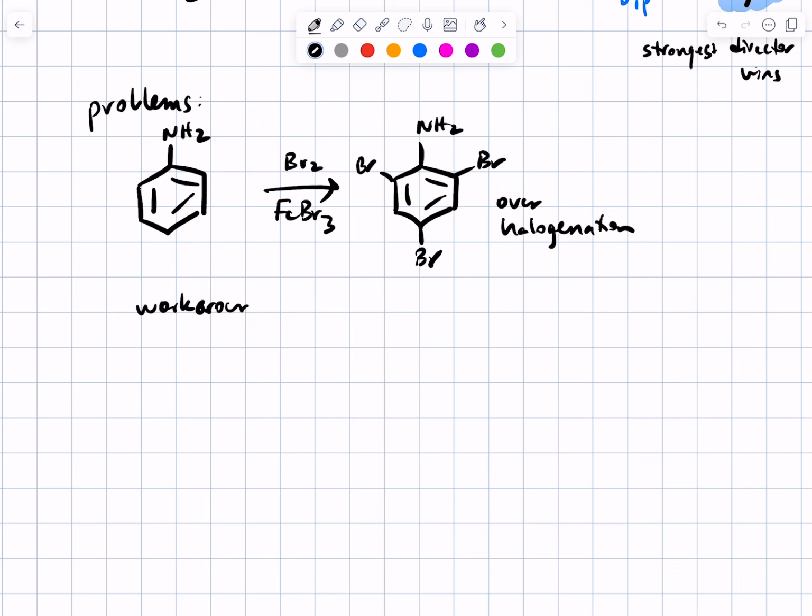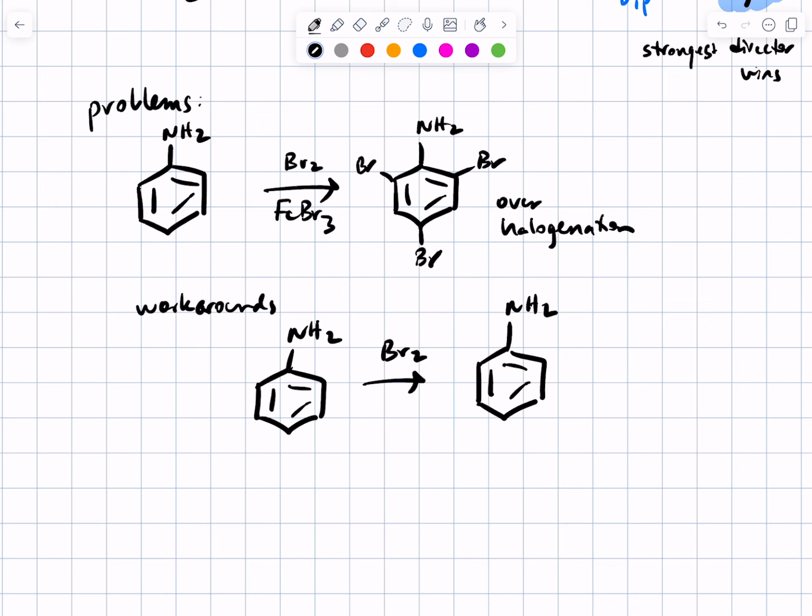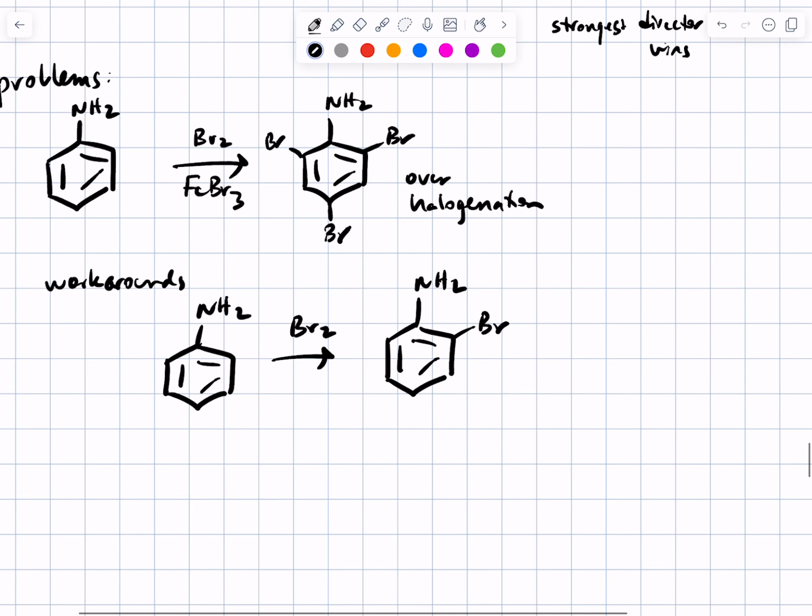There's a couple of workarounds for that. One of them, your text points out, is you can use the aniline and just straight up bromine, no acid catalyst, and that will give you the desired monohalogenated product, which is fine.